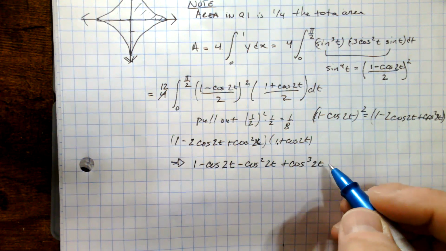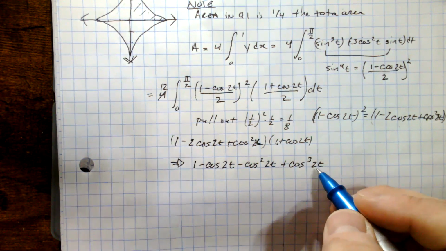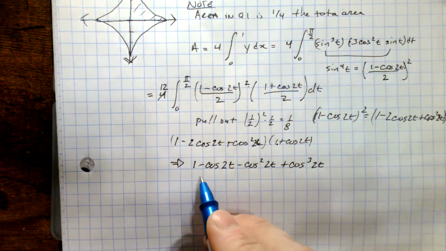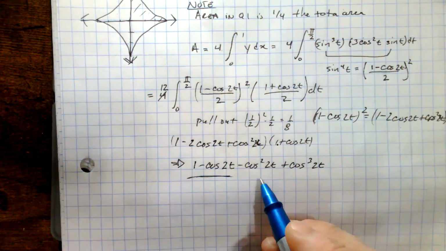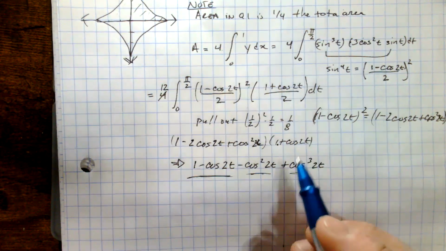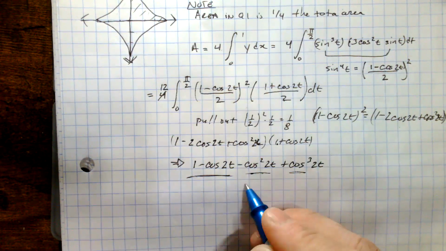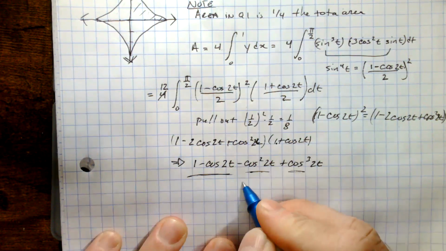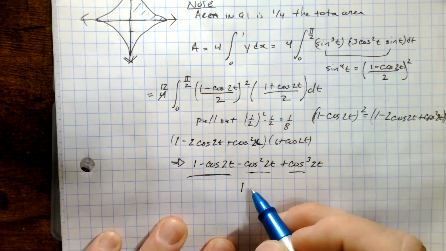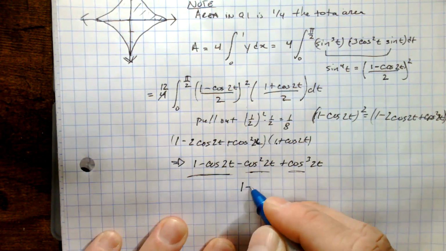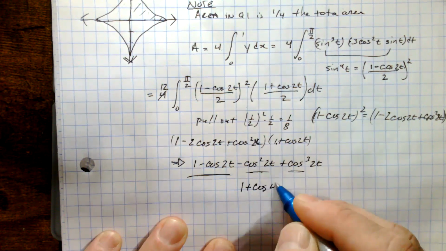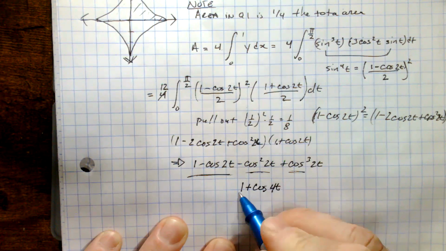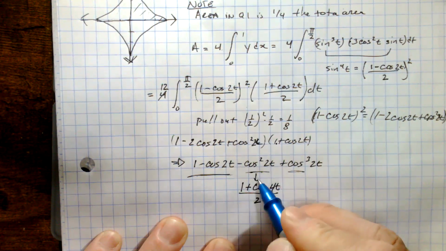So I don't see any other simplifications I can do without doing the integral. I'm going to take these two as one integral, and then I'll break this one up and this one up. This one I'll have to do the integral again of (1 plus cosine of 4t) over 2. That's what this is going to be reduced to.